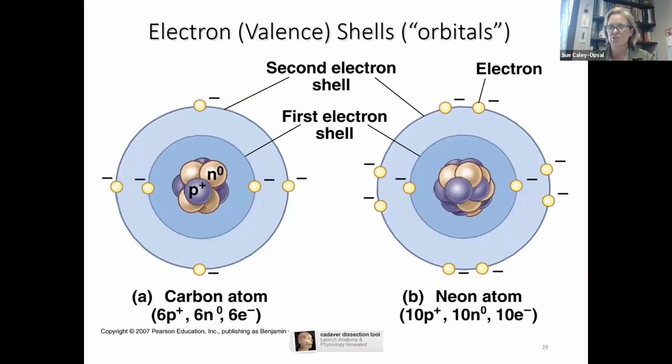Okay, so I am not going to talk too much about electrons and valence shells, but they are important. You'll get into it more in actual chemistry class, but there are different levels that the electrons can be found in.